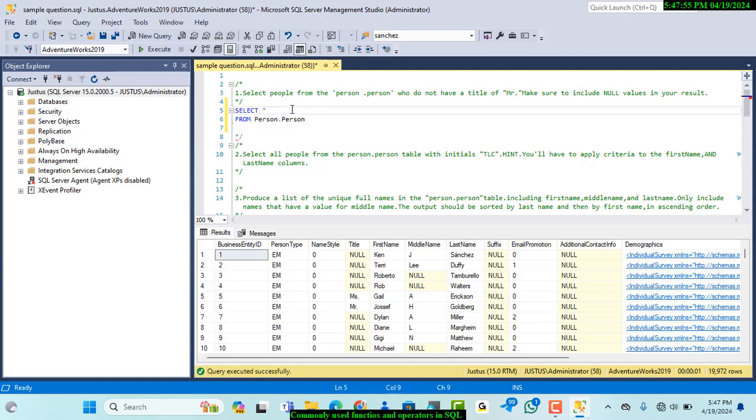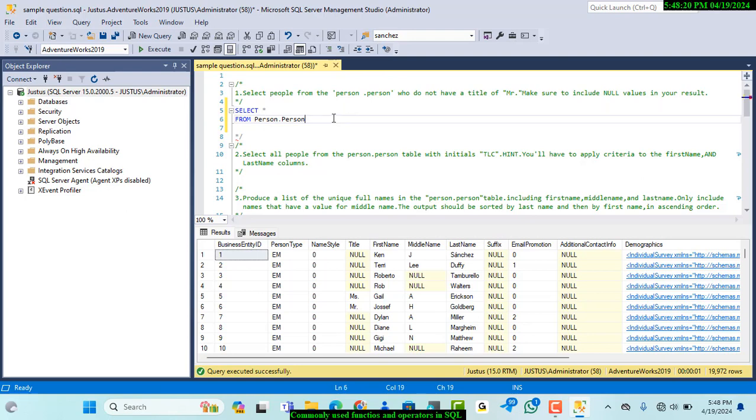So after running the query, the examiner only wants to see, or doesn't want to see, the title Mr. in the column title. So along this column, I'm only interested in any other title except Mr. So how do we go about it?